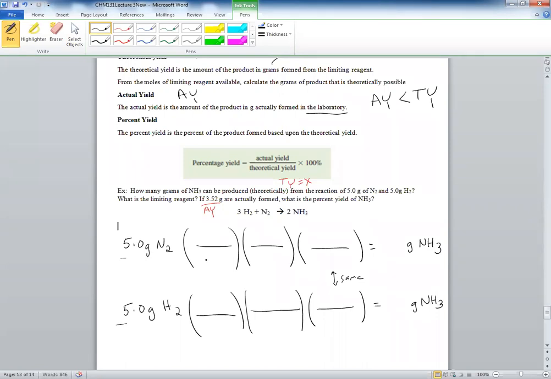So if you recall, anytime we see grams, we have to calculate the molar mass. Now, again, check these on your side. Again, this is from the periodic table. So we have 2 atoms of nitrogen. So that would be 28.02 grams of nitrogen, 1 mole of nitrogen. Now, again, where did I get this from?